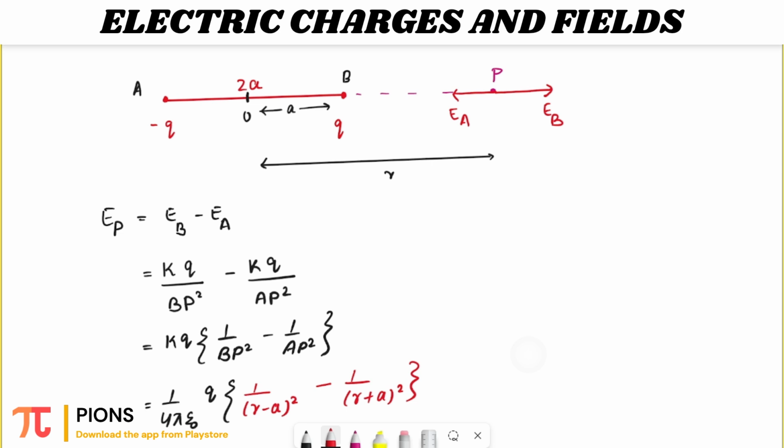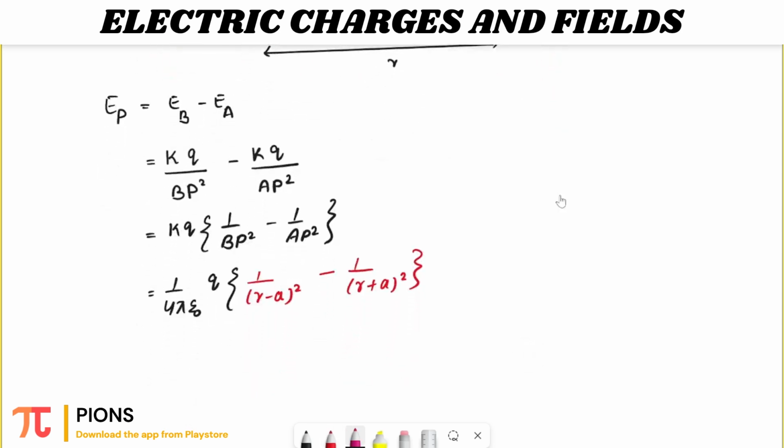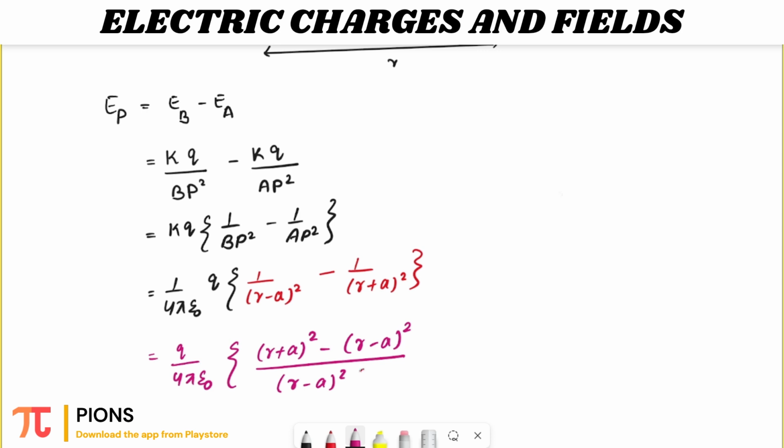This is our electric field. Let's simplify it further. On simplification, this will give us Q over 4 pi epsilon naught, cross multiplying, R plus A whole square minus R minus A whole square, whole divided by R minus A whole square into R plus A whole square. I hope this is clear.